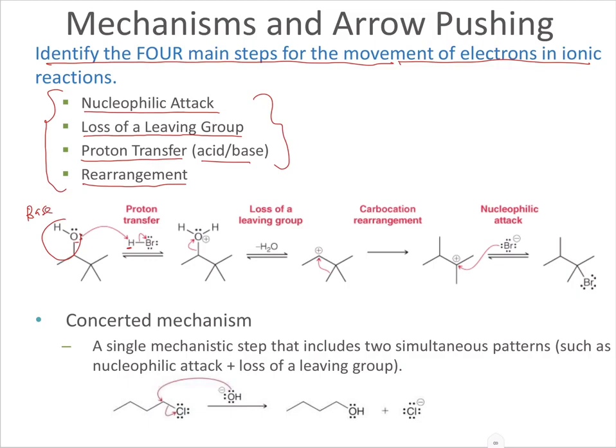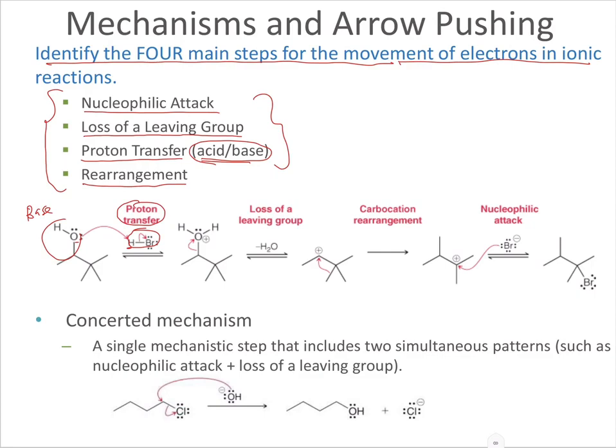It has lone pairs of electrons that it is donating. The HBr is accepting the electrons, so this reagent is acting as a Lewis acid. So we call that a proton transfer. In a proton transfer, there is an acid-base reaction.